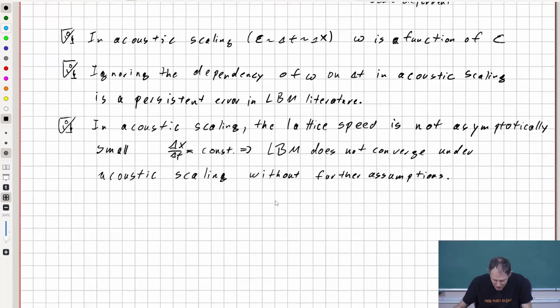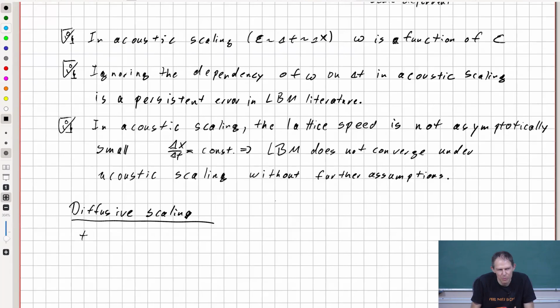So if you really want to have consistency, you have to do something else, and this something else is called diffusive scaling. Diffusive scaling. So, and now what we want to do is we want to keep this omega constant so that we don't need to expand it. I mean, constant in the sense that it's scale independent.